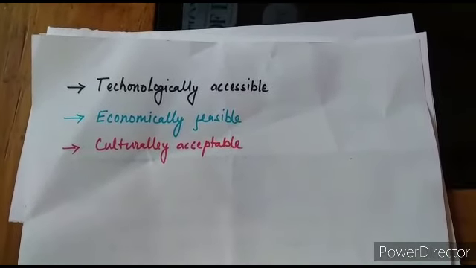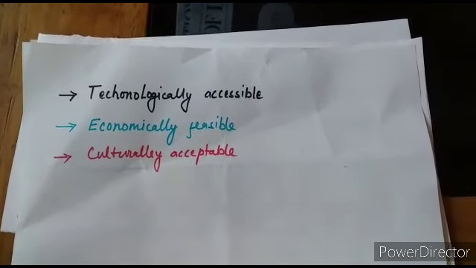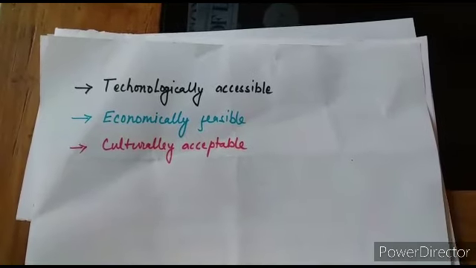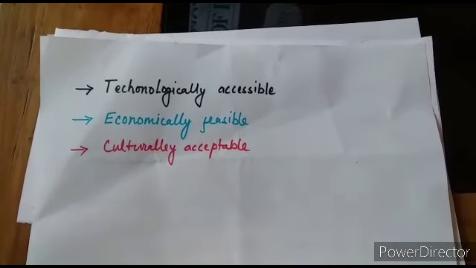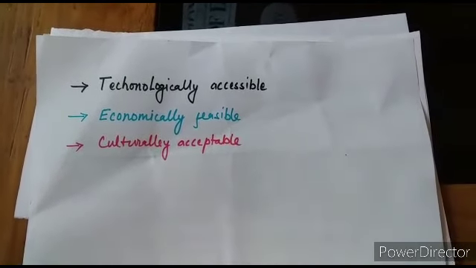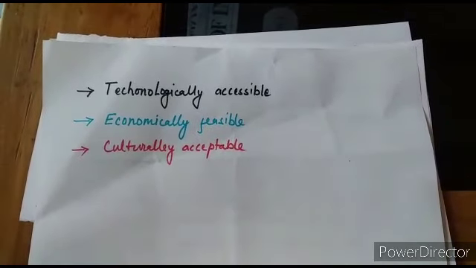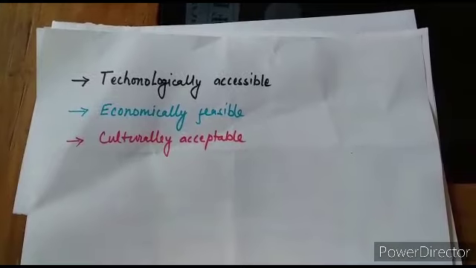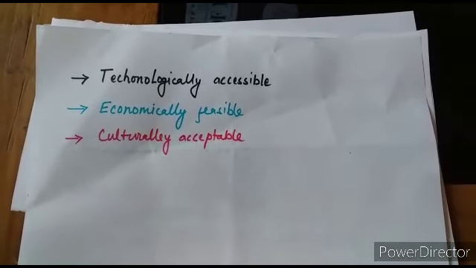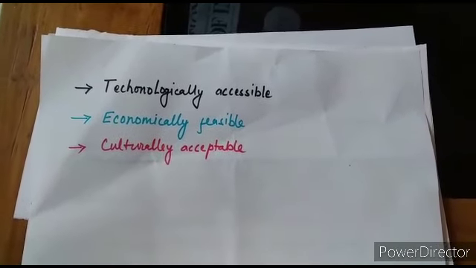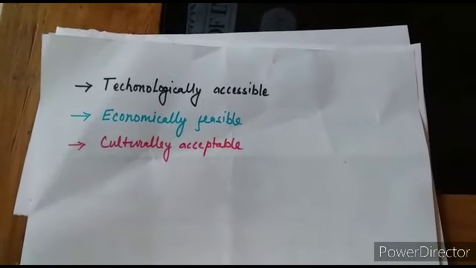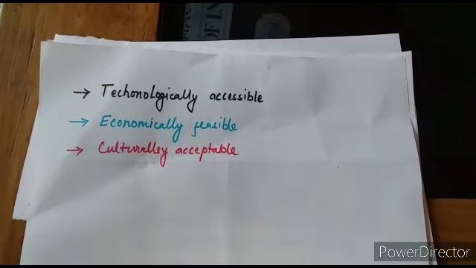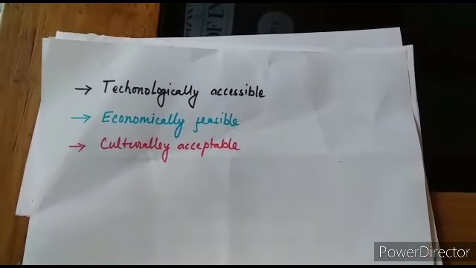Now, the last thing is cultural acceptance: whether our culture is accepting the things or not. Culture, which is a way of life, does not accept things quickly. The adoption of things is a slow process. We can see how things are changing in society, just like our students' food habits.